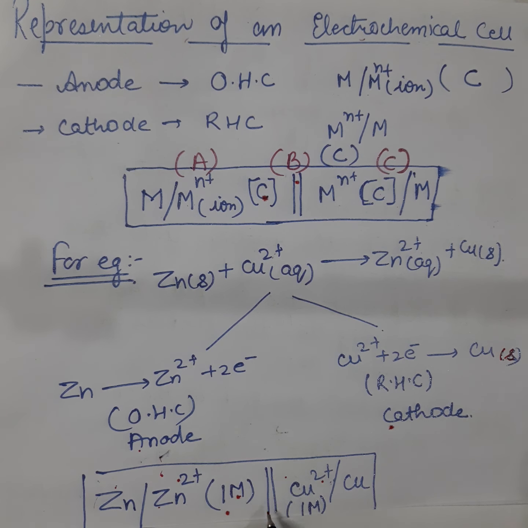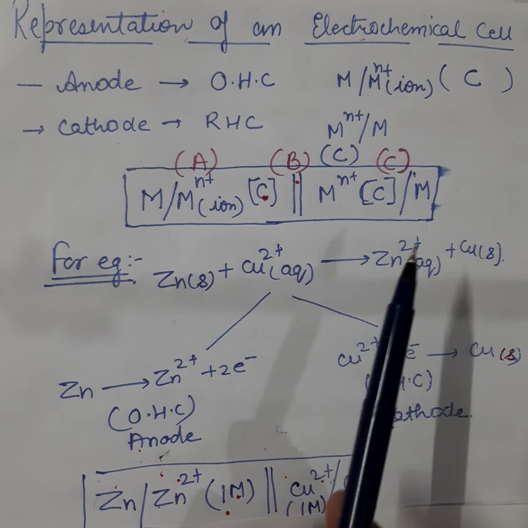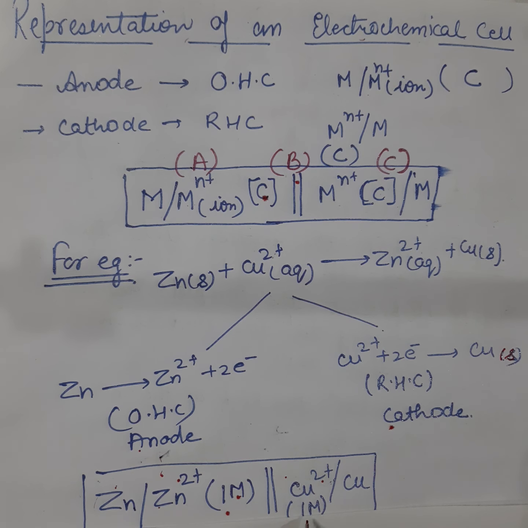This is known as the salt bridge. After that, Cu2+, that side is known as cathode, and then write the concentration, that is 1 M, semicolon or slash or a single vertical line you have to mark, for the copper. So students, this is all about how to represent an electrochemical cell.